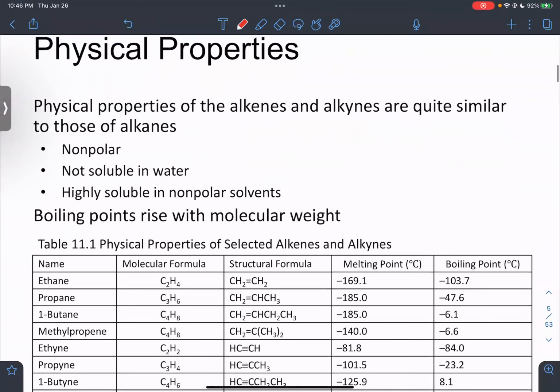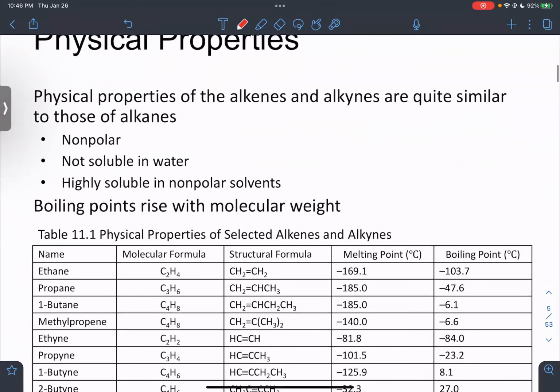So if we look at those physical properties, alkenes and alkynes are really similar to alkanes, right? We still have all carbons and hydrogens. That's telling me that there's no real electronegativity difference, which means that they are non-polar. All of them are non-polar.